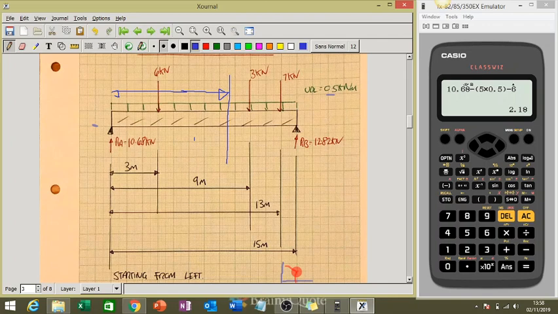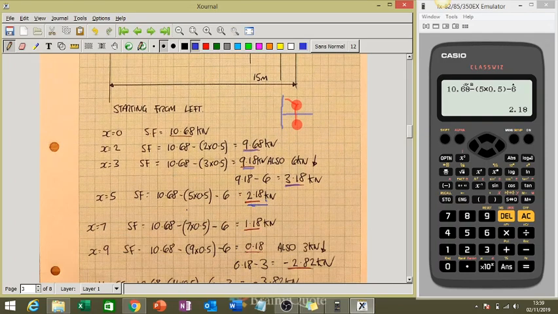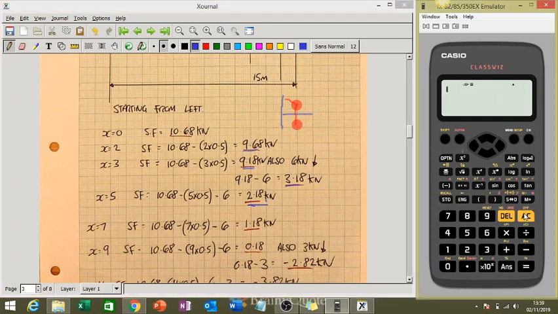So 7 meters in, I've got this force coming up, that force coming down, and now I've got 7 meters worth of that UDL. I'm only looking at what I can see here. That force coming up, that force coming down, and 7 meters worth of my UDL. So 10.68 coming up, 7 meters worth of the 0.5 coming down, and also the 6 coming down.